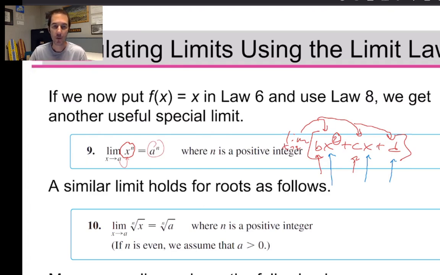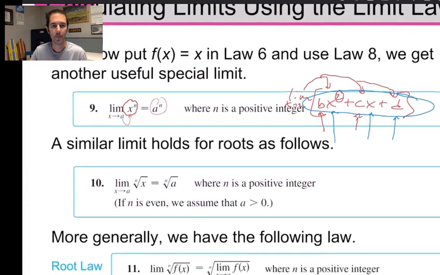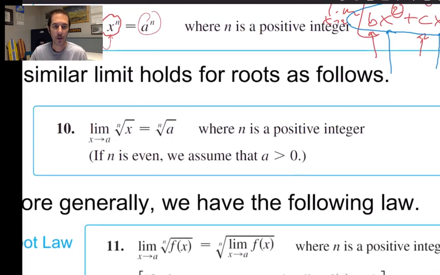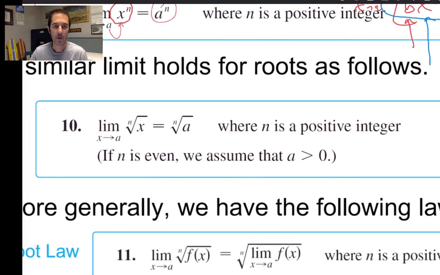So what we'll do is we're going to skip tearing apart this entire thing, and we're just going to plug the a value in for x if the expression or the function that we're working with is a polynomial. You know that expressions that are written in radical form can be converted to exponential form, and we just saw that we're able to work with exponents.